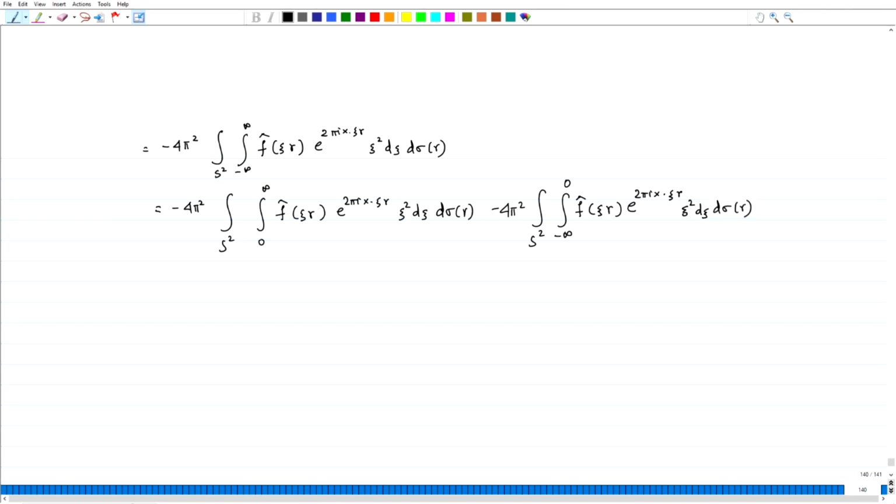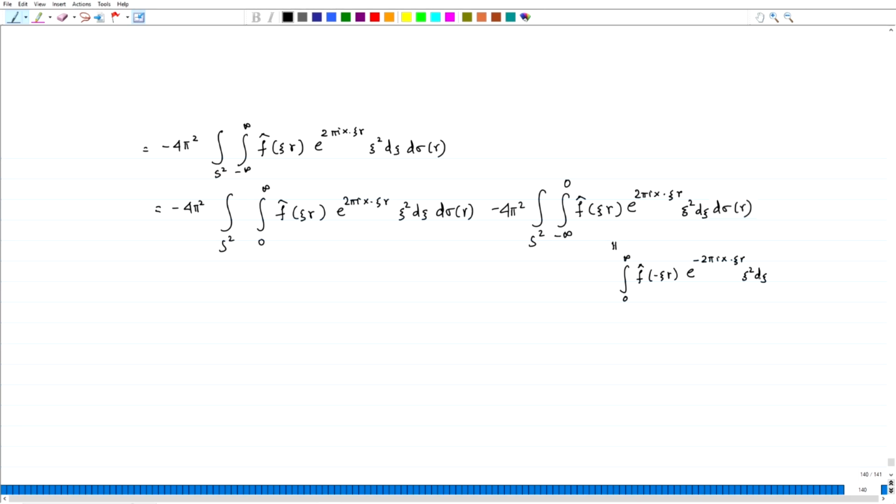Now, we make a change of variable in the second integral, xi going to minus xi. So, this second integral is going to be the integral from 0 to infinity of f hat of minus xi gamma e to the power minus 2 pi i x dot xi gamma, xi square d xi.